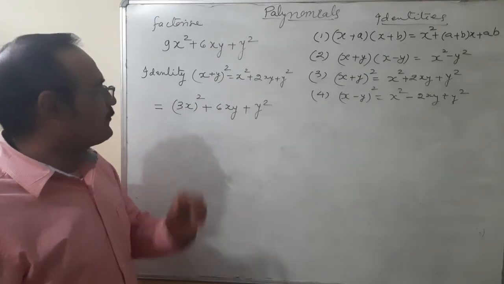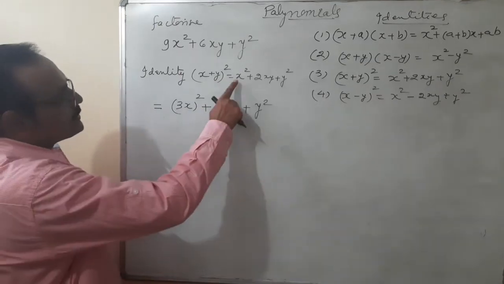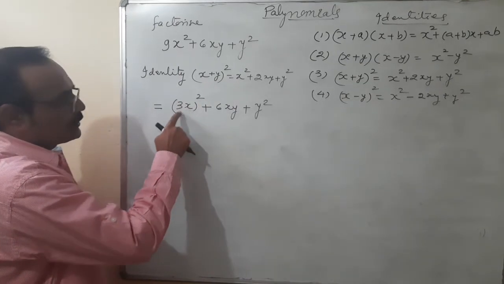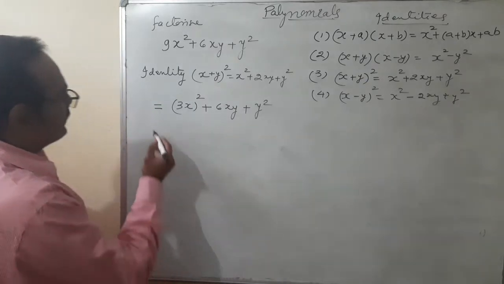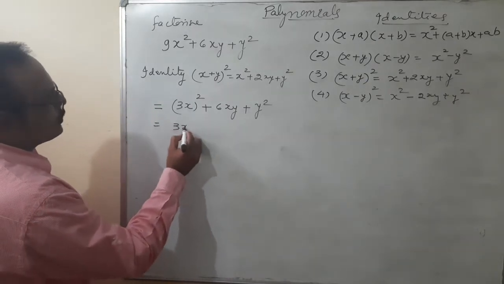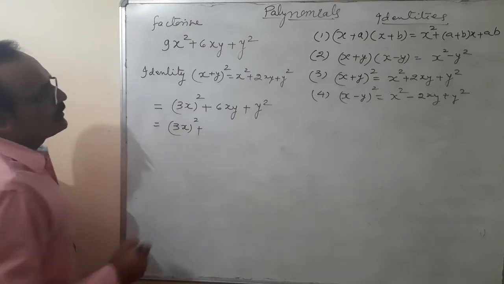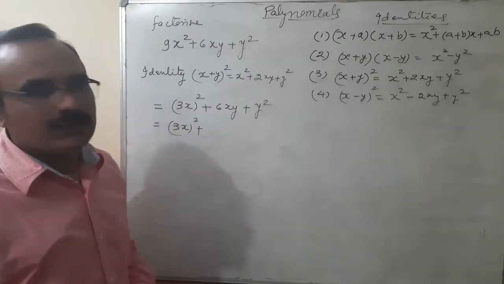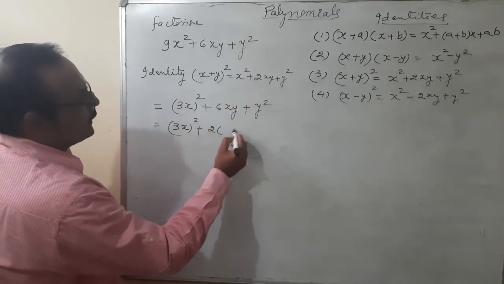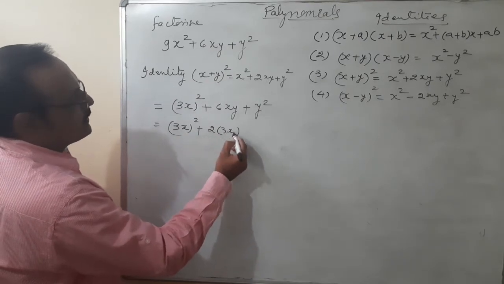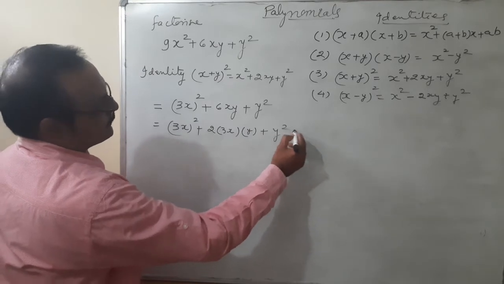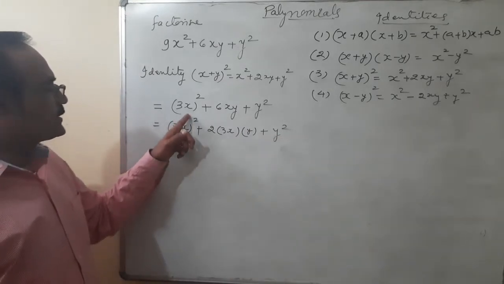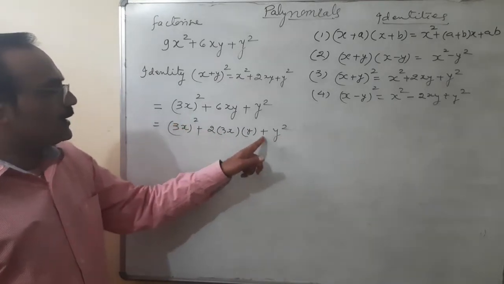From this step we have got one thing: the value of x is 3x and y is as it is, y. Now 3x whole square plus, converting into the form of 2xy, I am writing 2, in place of x it is 3x, in place of y it is y, and plus y square.